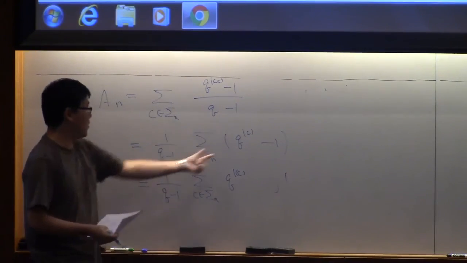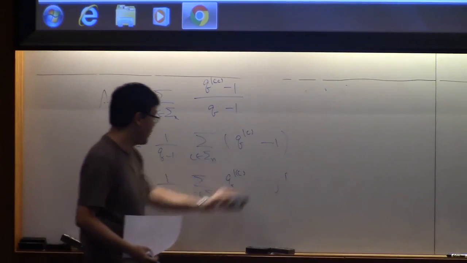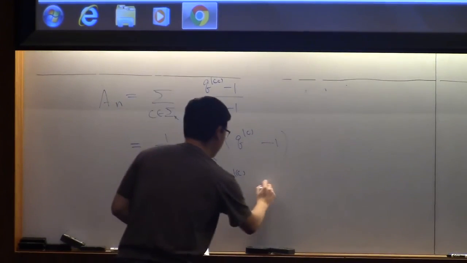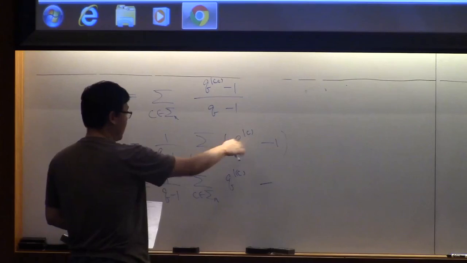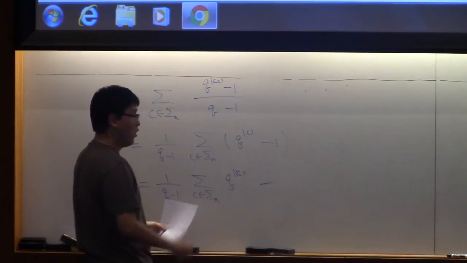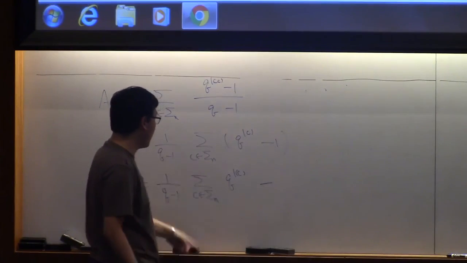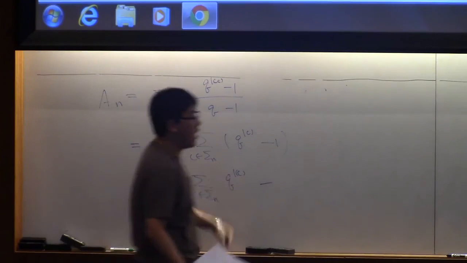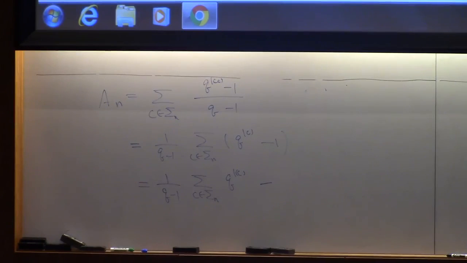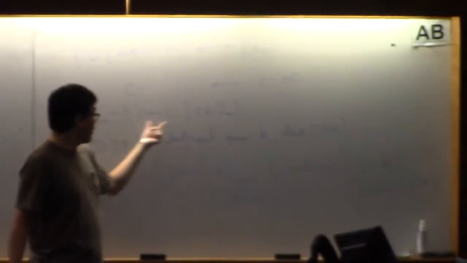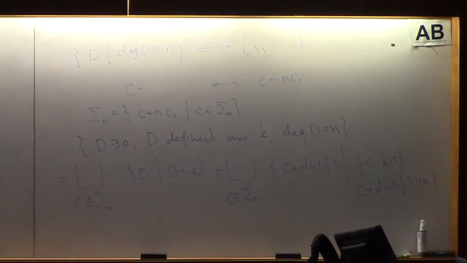First, you take the sum of all these powers of q. And then the second part, you take the sum over all these ones. But there are exactly h elements in this sigma n, because sigma n has the same number of elements as sigma 0. So here we have this.